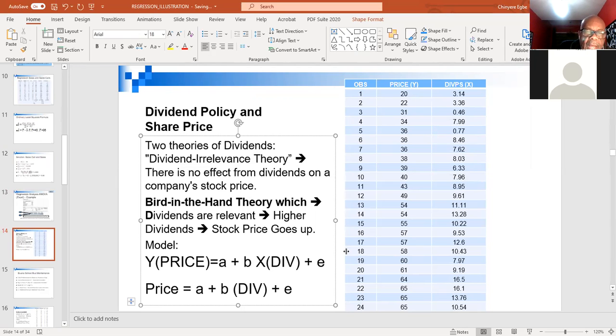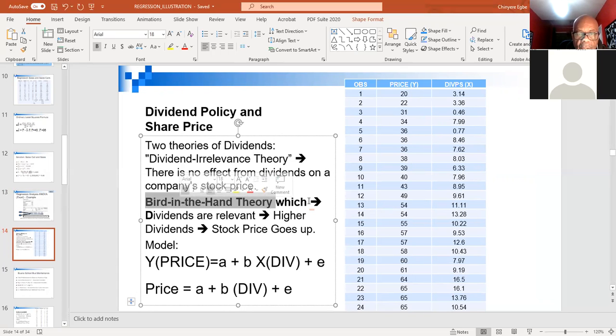If the value of the stock goes up, you sell it, and you take the difference between how much you bought it and how much you sold it, and that's your profit. So whether or not a company pays dividends does not affect the price of its stock.